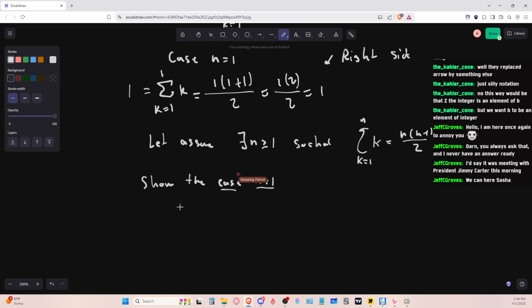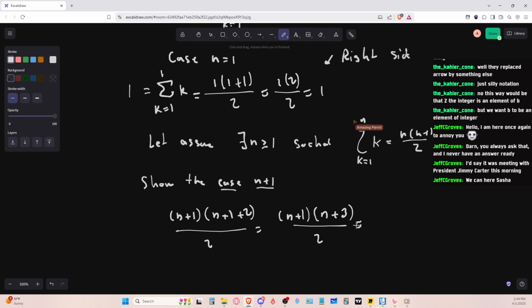Because I think I remember that one. So basically it would be n plus 1 times n plus 1 plus 2, and then after that you end up with n plus 1, n plus 3 over that. And I mean, you can do FOIL on that one. Yeah, usually what I would advise people to do is to start with the more complicated side.